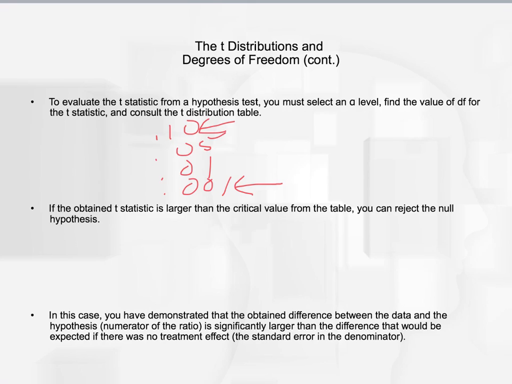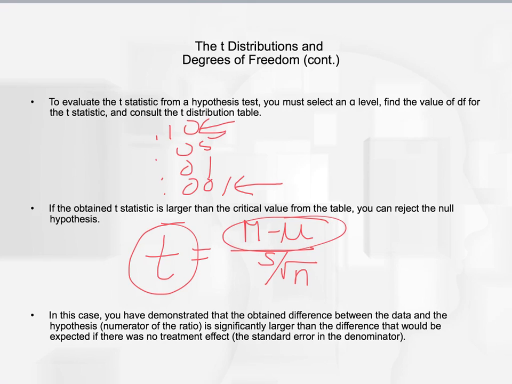The obtained difference is your t-value, which you get from subtracting the population mean from the sample mean and dividing by the standard error, the standard deviation over the square root of n. Your critical value tells you how large this has to be. If this difference is very large, you'll get a large t-value, and if it's larger than the critical value, you would reject the null hypothesis.